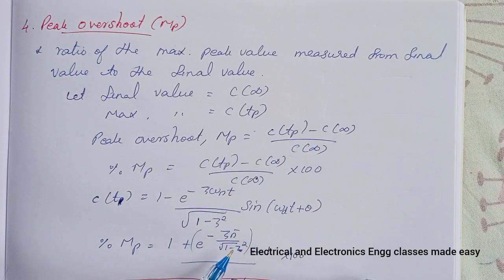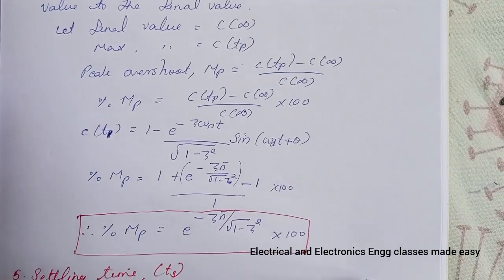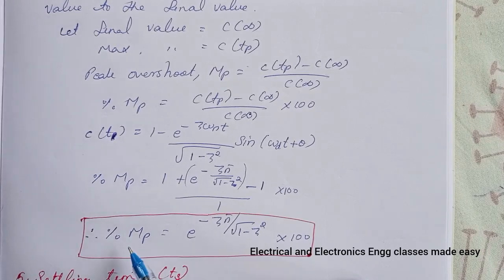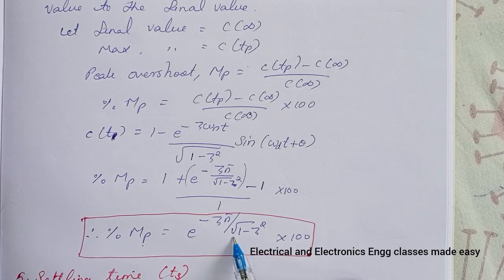So after substituting this, we get the peak overshoot. That is, percentage peak overshoot is equal to e raised to minus zeta pi divided by square root of 1 minus zeta square into 100.